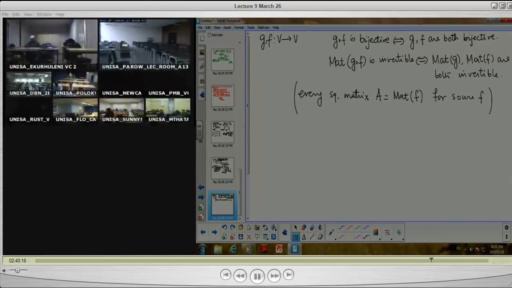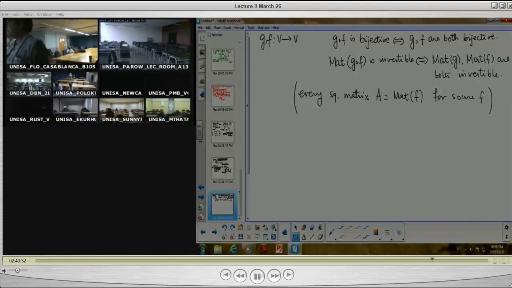And matrices serve as a linear bijection. And it preserves products, wherein the product over here is composition and over here is the usual matrix product.